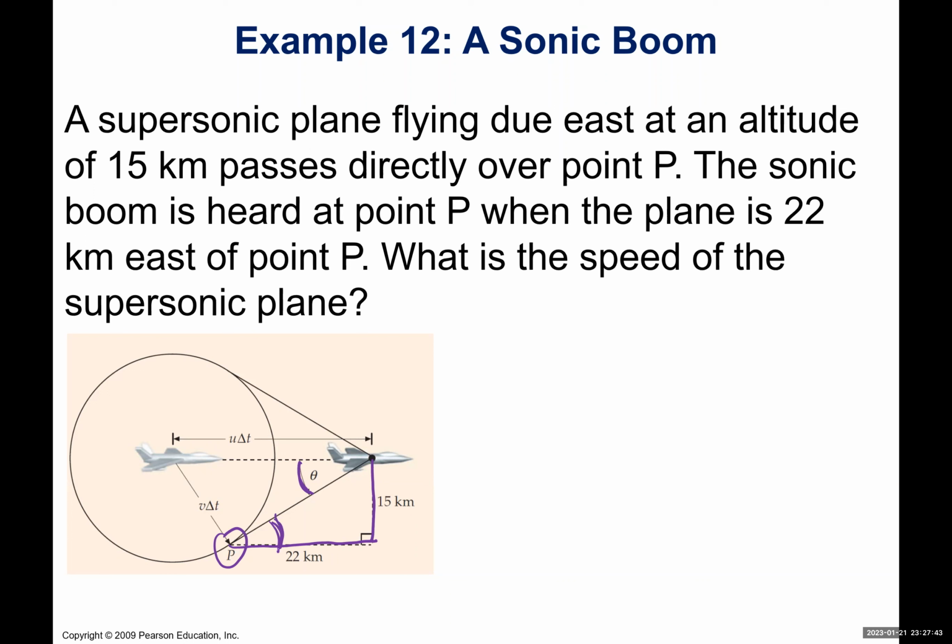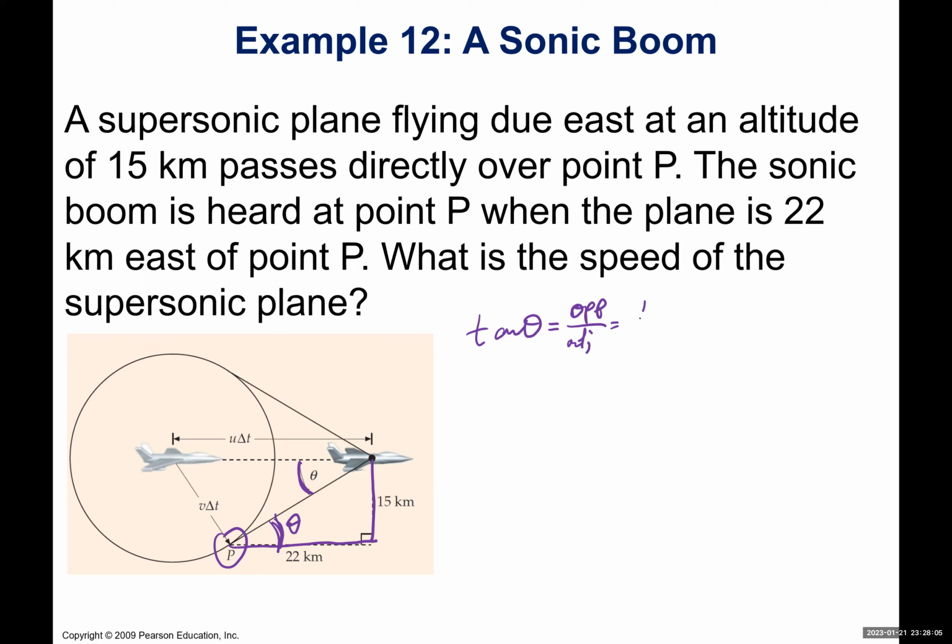So since we're given the 22 kilometers, which is adjacent of that triangle, and 15 kilometers, which becomes the opposite, to find this particular theta here, we can calculate using tangent of theta. So tangent of theta, remember, equals opposite over adjacent.